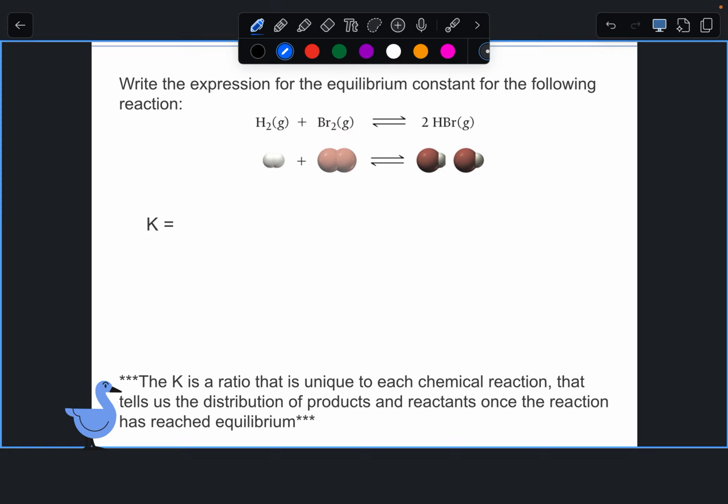Sometimes they're reported as Kc, which means concentration, and specifically we do concentration in molarity.